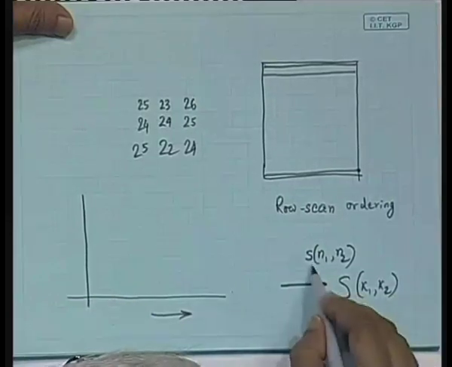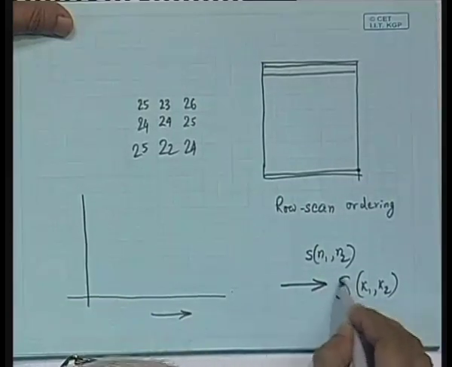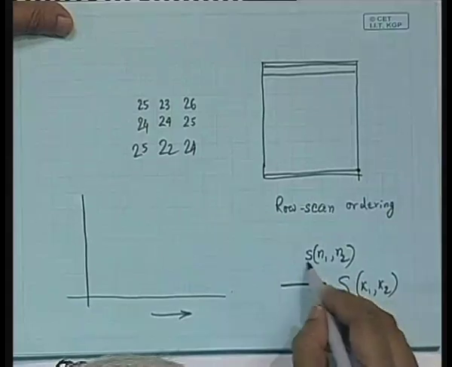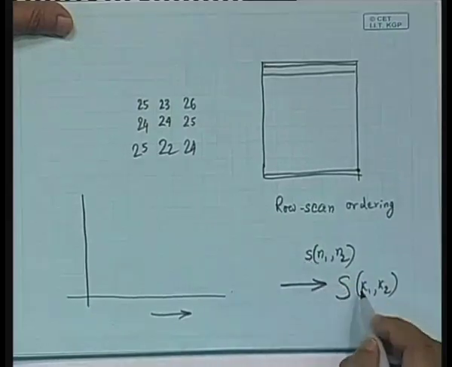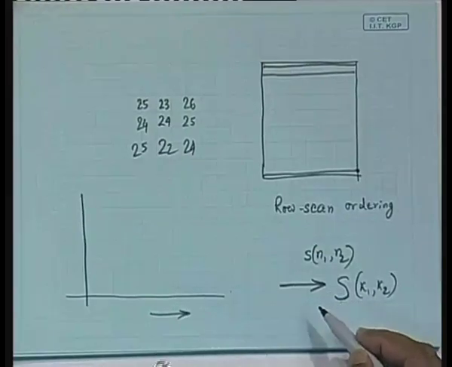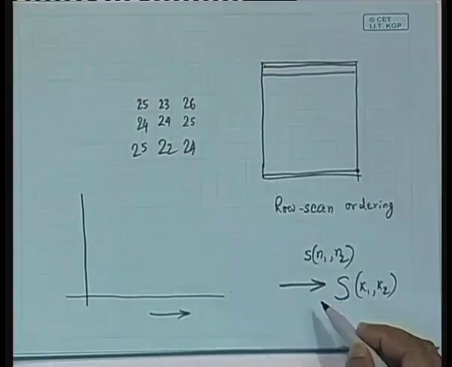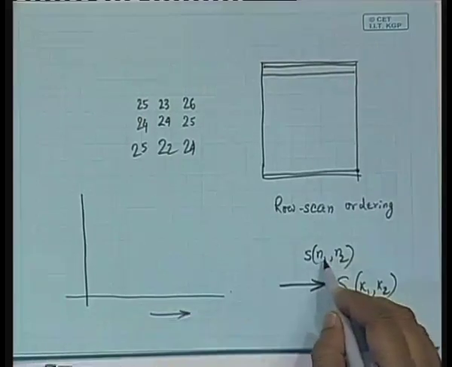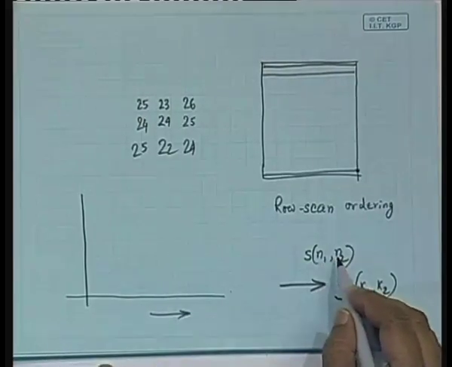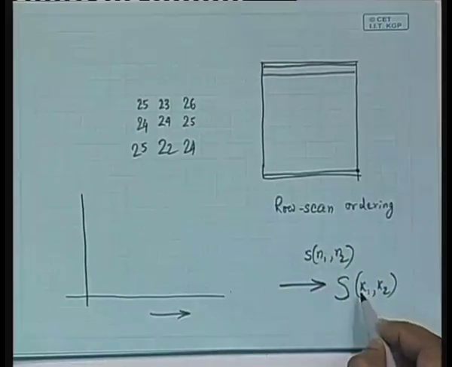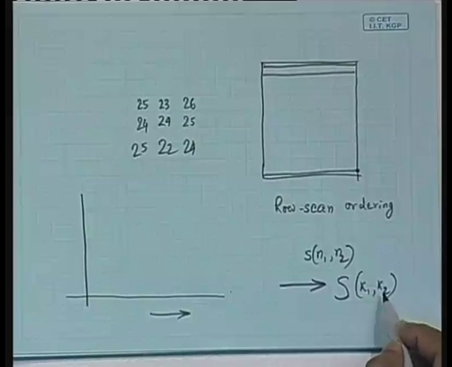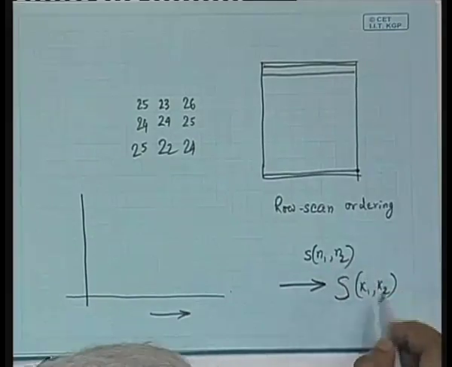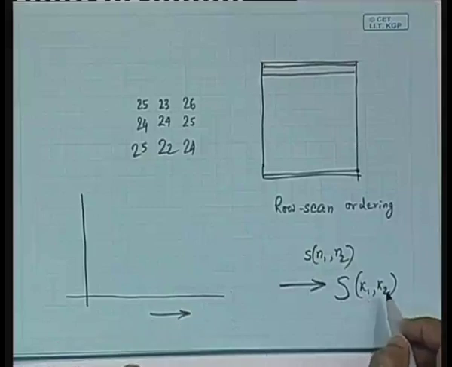Okay. We use the capital letter, in place of small s we will be using capital S in order to denote the transformed values, okay, and instead of using the indices as n1 and n2, in the transformed domain the corresponding indices will be represented as k1 and k2. So, S n1 n2 is being transformed into S k1 k2.